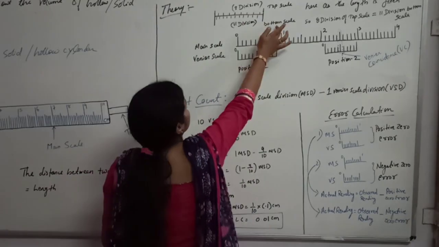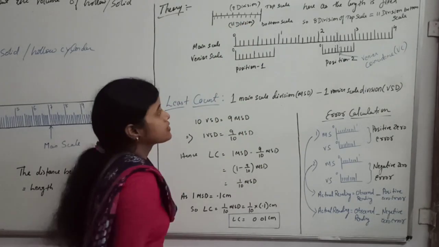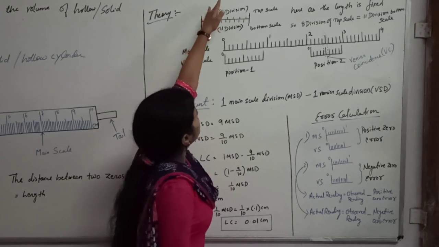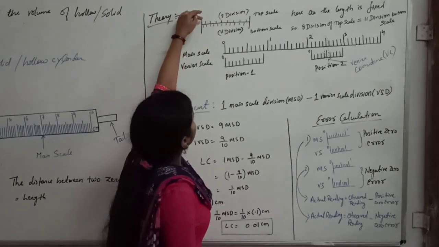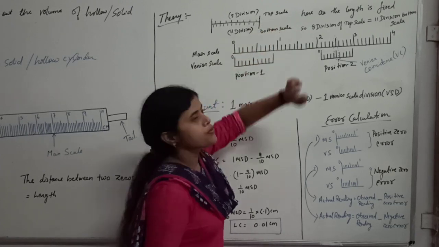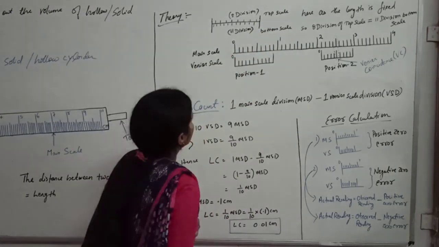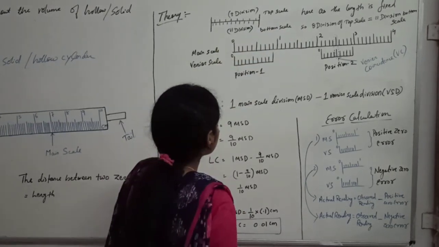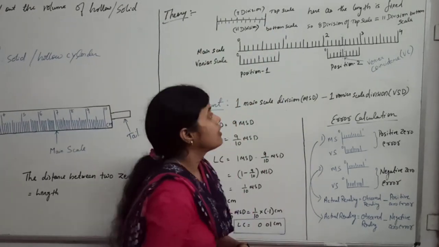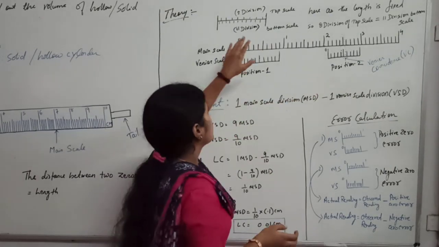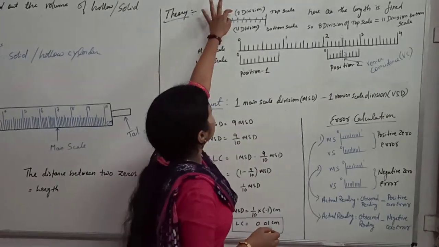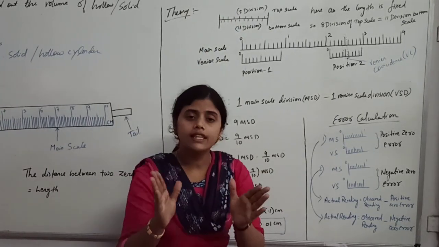And the same length I have divided in different separations, like here it is 8 divisions, and I called it the top scale. So according to Vernier principle, if the length is fixed, no matter how many divisions you draw on that length, both will be equivalent, because the length is fixed.